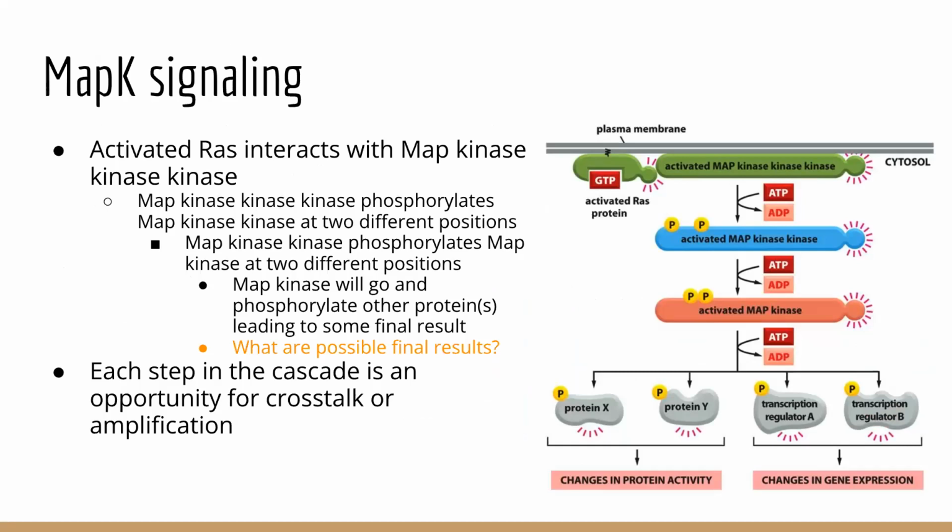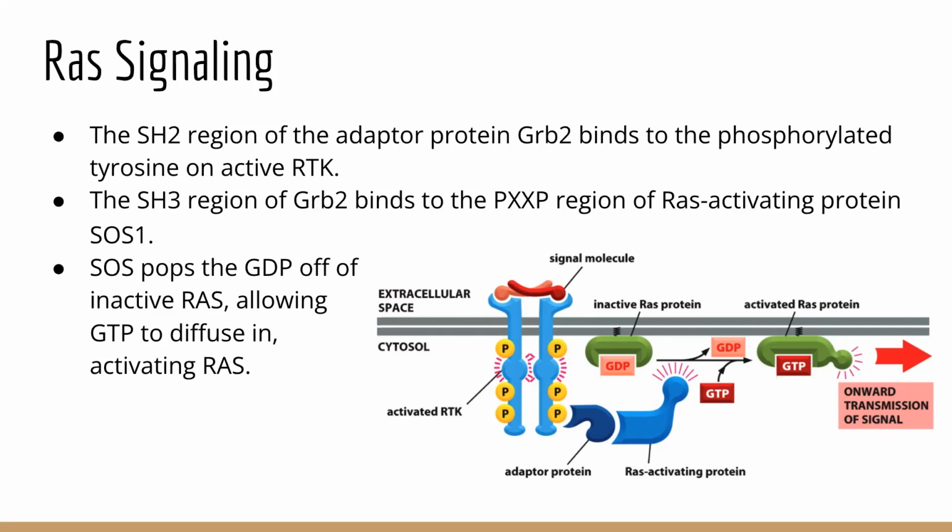Does anyone have any questions on that? Everyone understand what has the SH3, what has the PXXP, and what has the SH2? RAS has to have a PXXP region. That is what the SH3 on GRB2 is binding to.